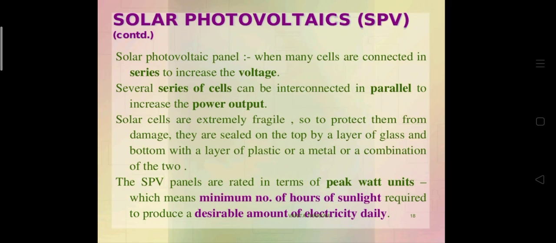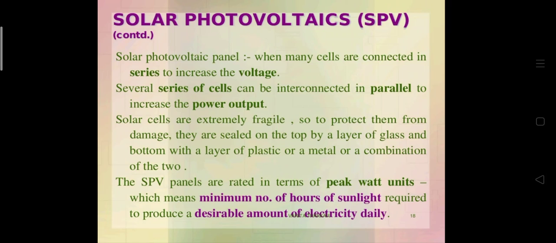In a solar photovoltaic panel, many cells are connected in series to increase the voltage. We can use it, and that is called a photovoltaic panel. That is a solar panel.